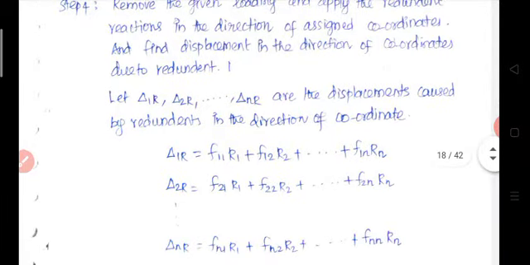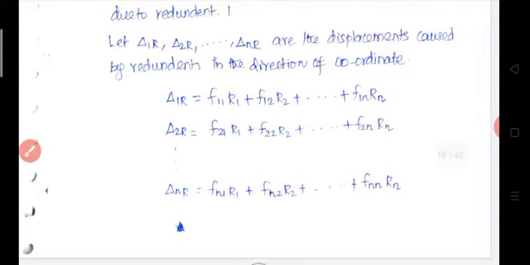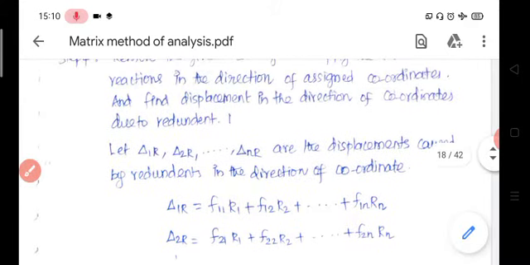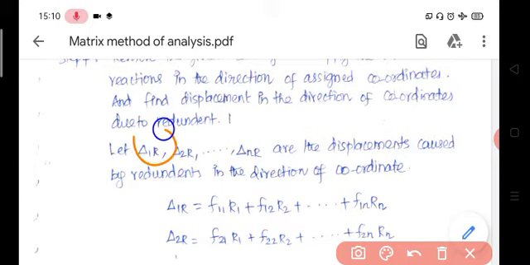So, let delta 1r, delta 2r up to delta nr be the displacements caused by the redundants in the direction of coordinates. This can be written as delta 1r is equal to f11 r1 plus f12 r2 plus so on plus f1n rn. In this case we are determining delta 1r and delta 2r, the deflections induced by the redundant reactions.